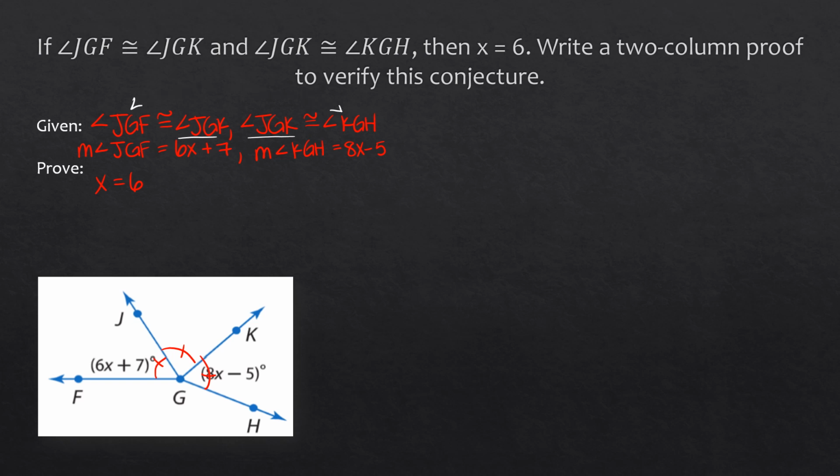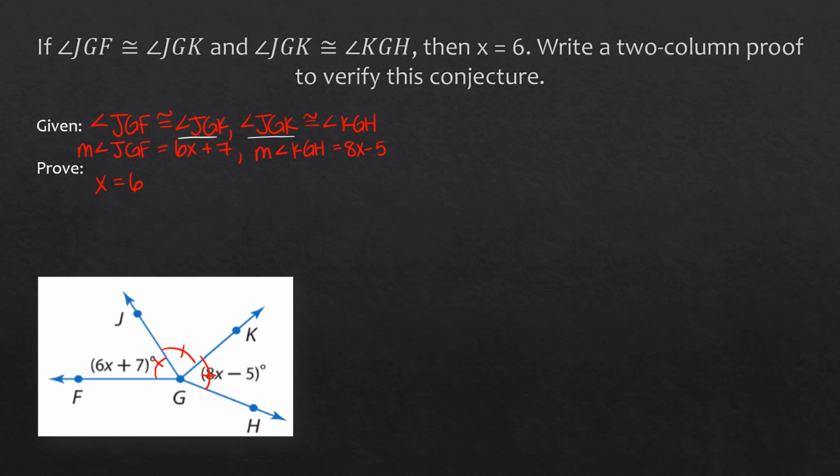Now, in order to use that, well, right now we've got properties of equality, but not properties of congruence. Maybe later we'll talk about things called properties of congruence, but we don't have those right now. So I'm going to need to convert these congruence statements, so to speak, into equations instead.